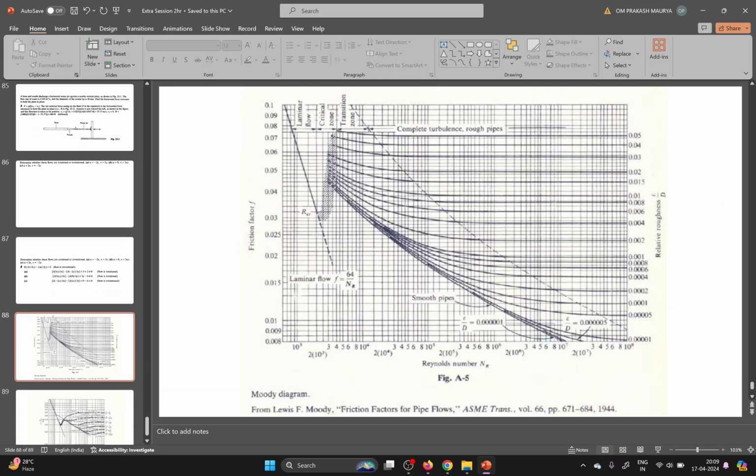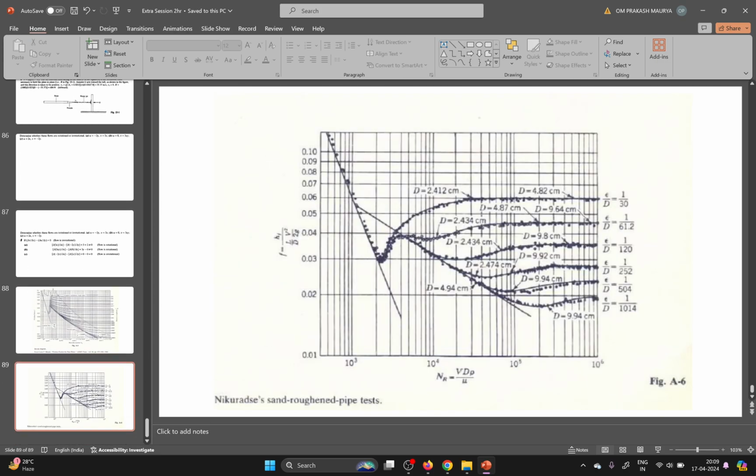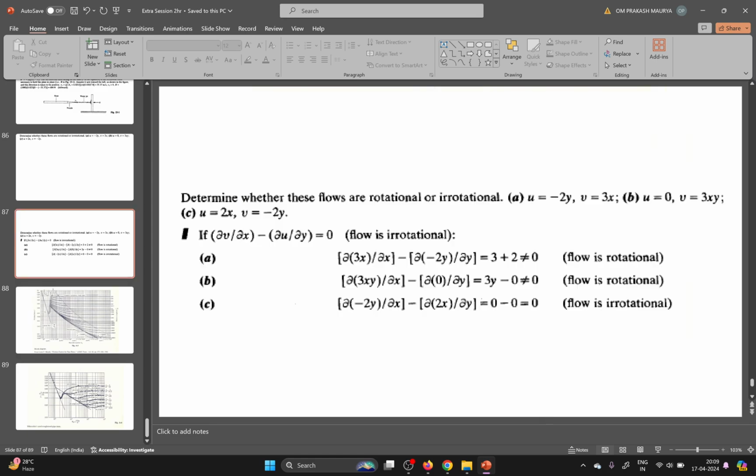Also the Moody diagram and Nikuradse's expression, how Nikuradse got the expression for the roughness value, that is the sand roughness in the pipe test. So remember all these things.